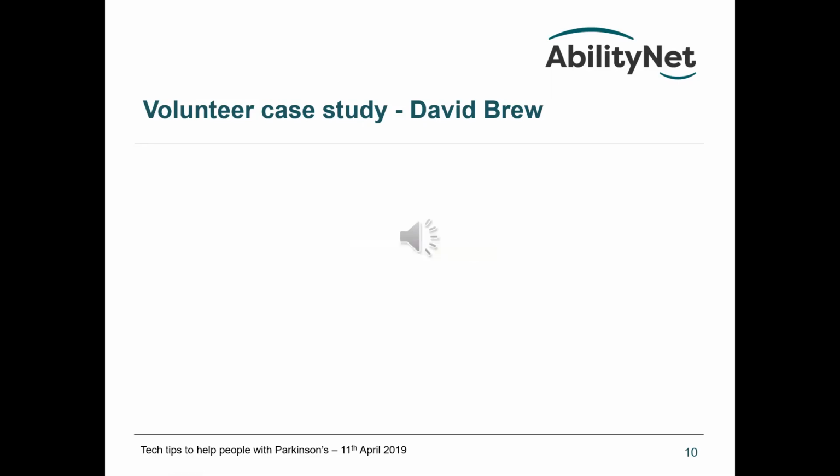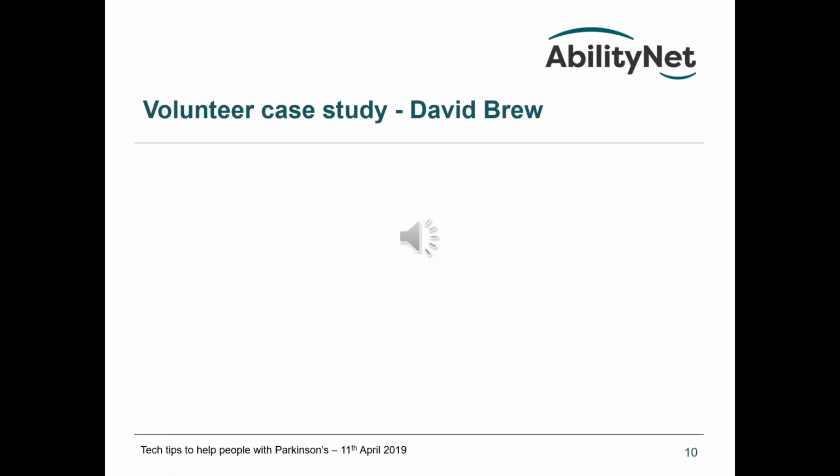That is actually so annoying because what David Brew was talking about was that when Dorothy called, she was very upset because she wanted to use her computer but she didn't know how, and she thought that her Parkinson's had got to the stage where she wasn't able to actually use her computer.